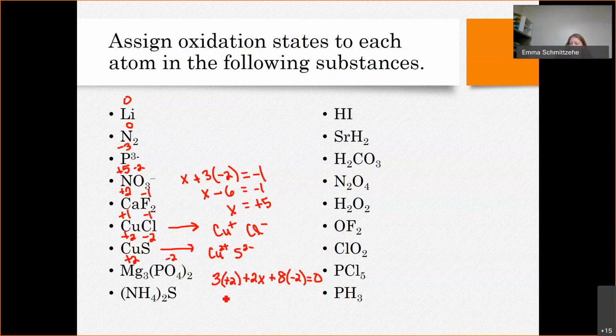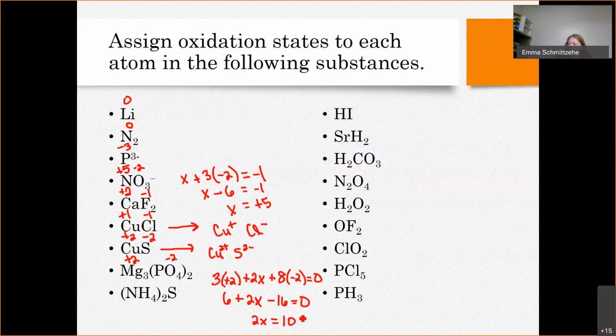So we have 6 for our magnesium plus the 2x. So we don't know what each phosphorus is. And then we would have -16 equals 0. So then if I add over the 16, I would have 16 on the right, and then I'd subtract 6. So that tells me 2x must be 10, okay, based on that.